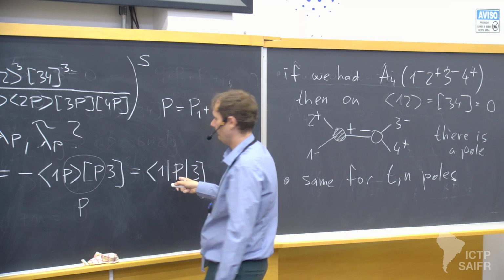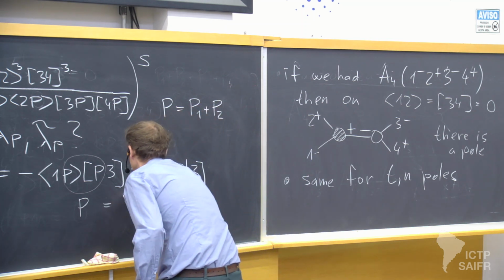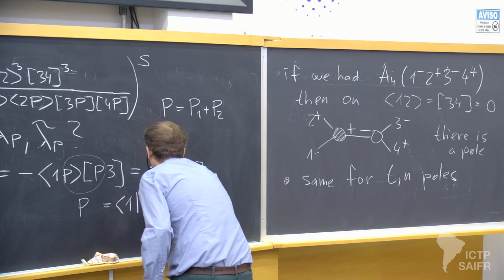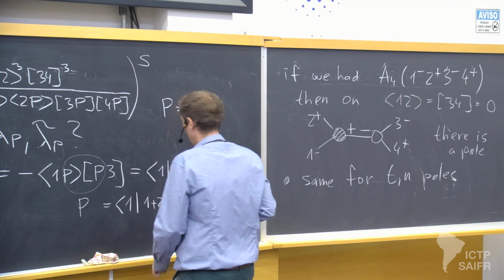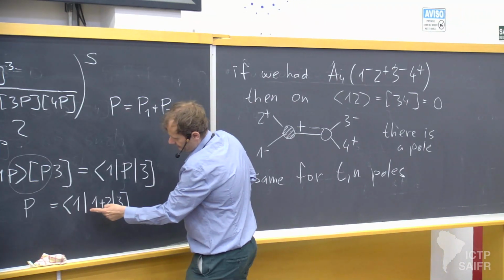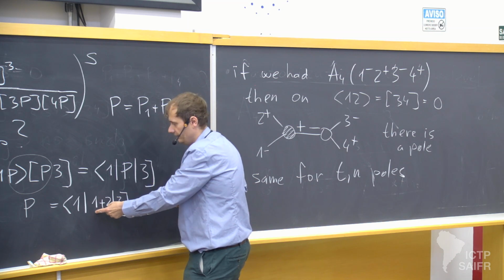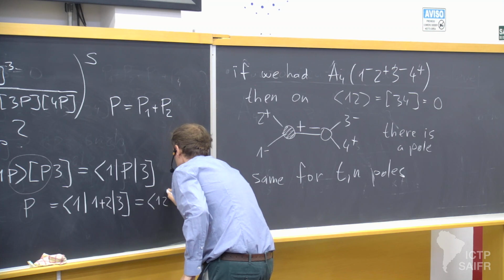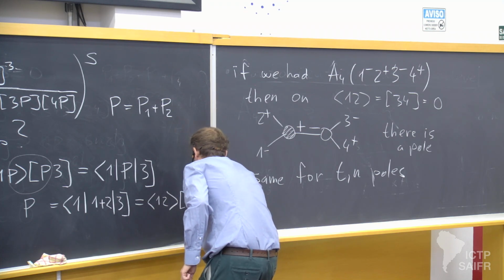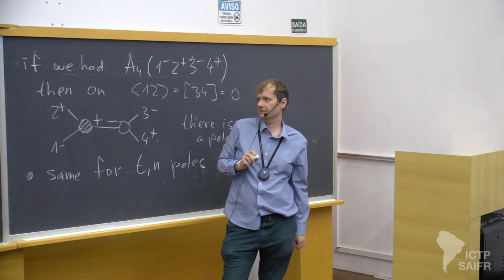So we can just plug 1 plus 2 here. But lambda 1 dotted with lambda 1 is 0, so this disappears. This is just equal to ⟨12⟩[23], the product of these two brackets.